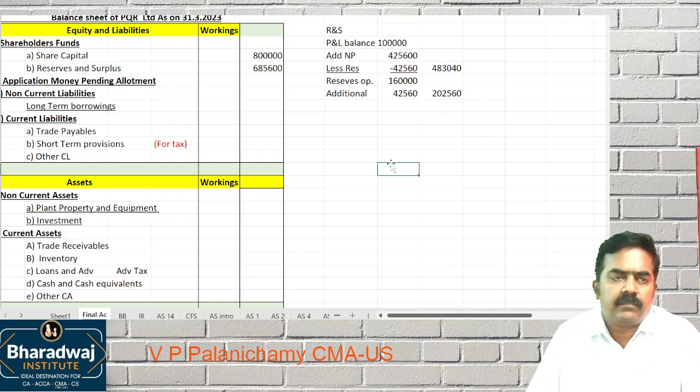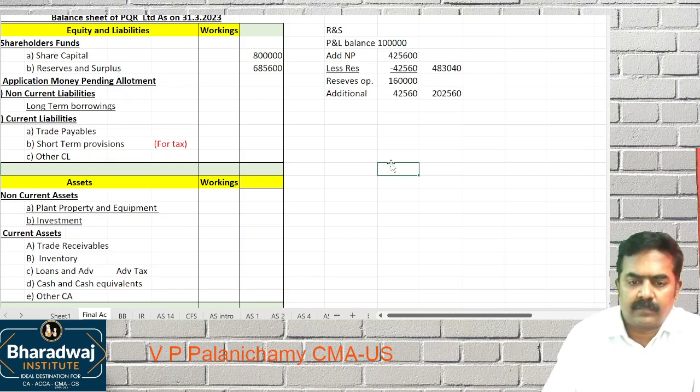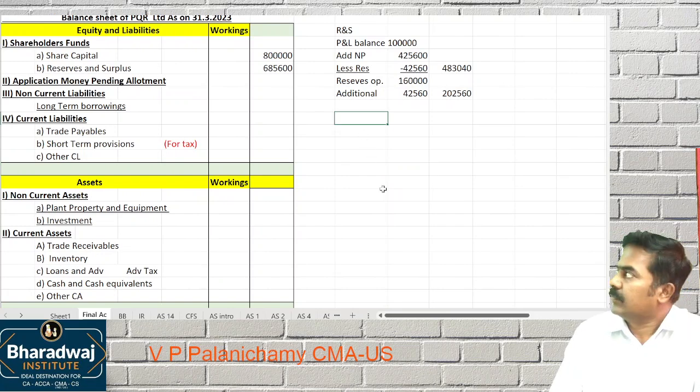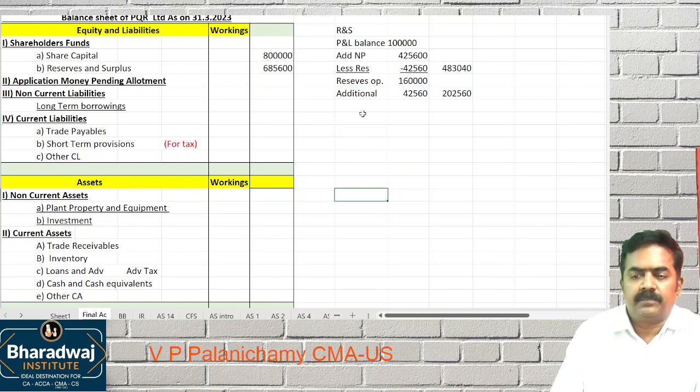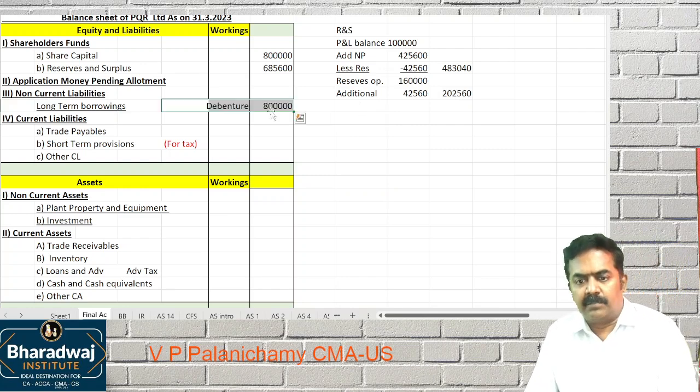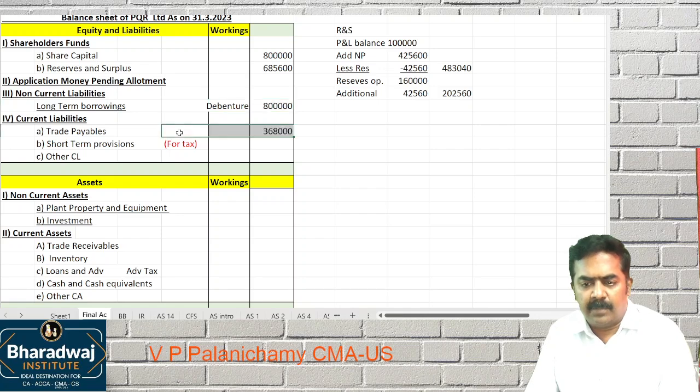Then what else will come? Long-term borrowing, the debenture will come. Trade payable will come. Provision for tax will come.